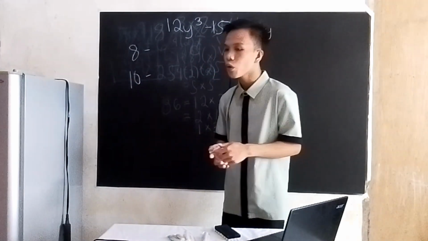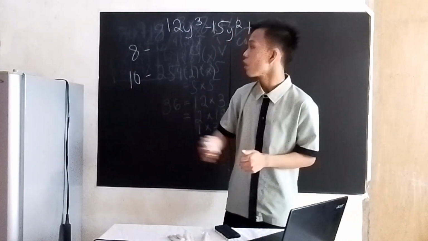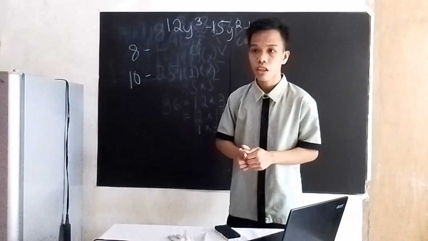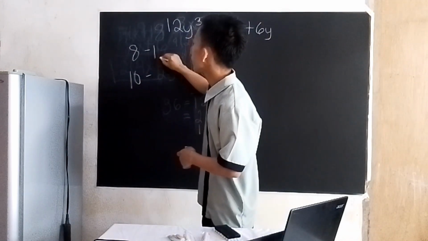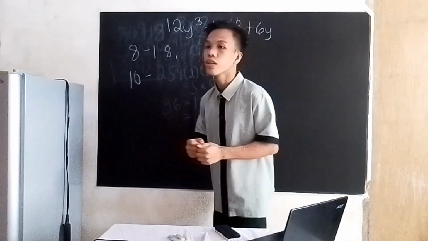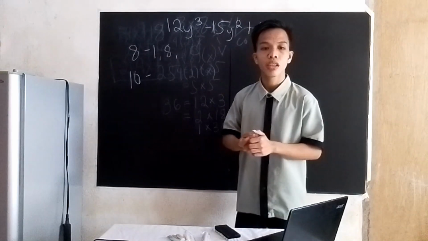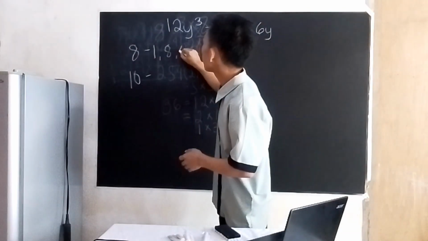So, we are just going to do the same. What are the numbers that when we multiply, the result is 8? That's right. The first one is 1 and 8. The second one, yes, Leslie. That's right. 4 and 2.